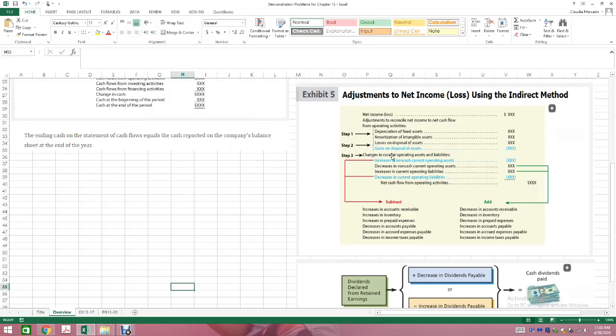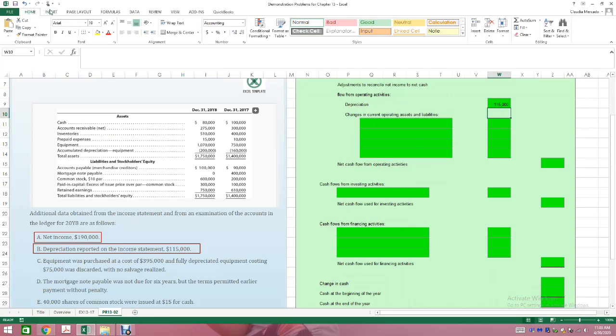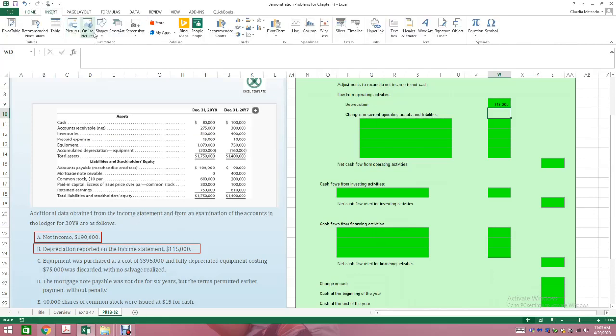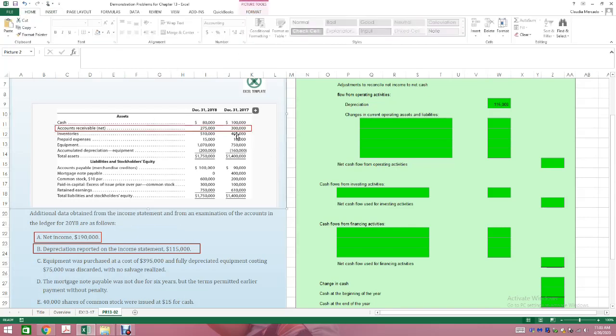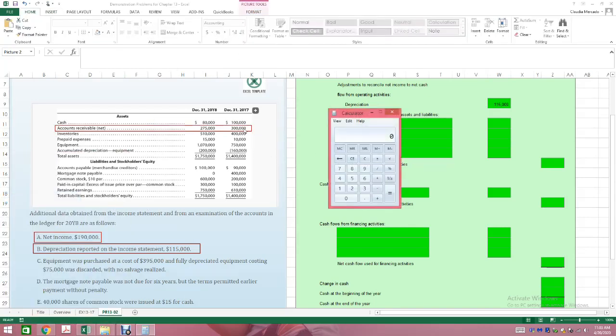We're going to look at our changes in current operating assets and liabilities, and this is where we either add or subtract. Okay? So let's look at our accounts receivable. My accounts receivable went from 300,000 to 275. So it decreased. 275 minus 300, that means that my accounts receivable decreased by $25,000.